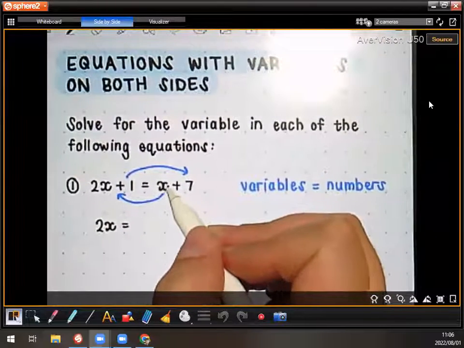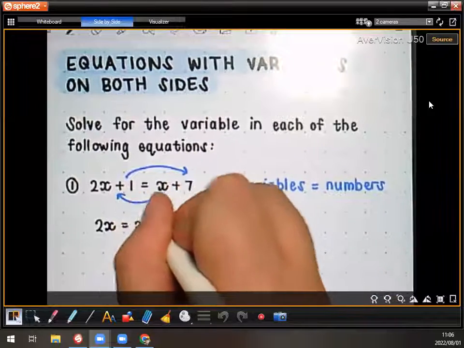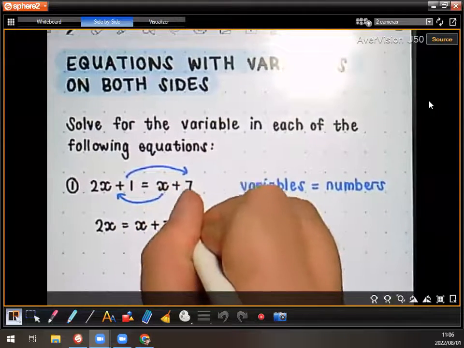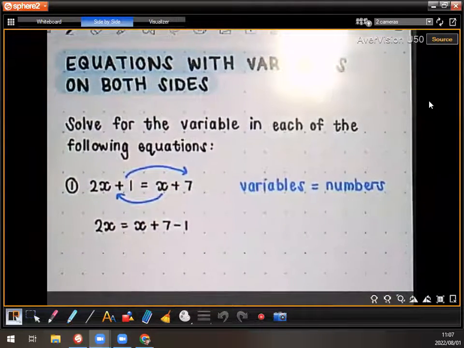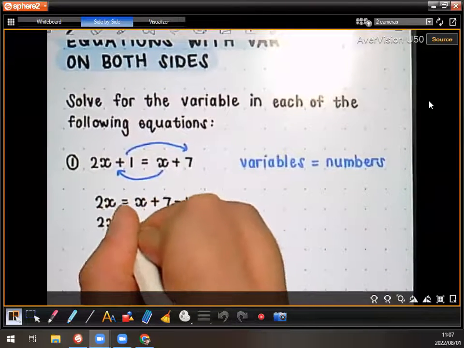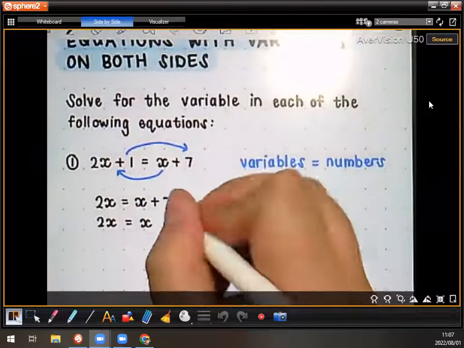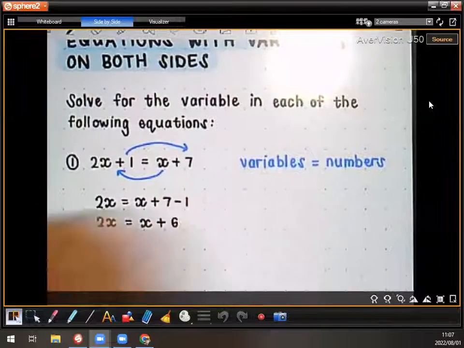I have an x on that side, so I can't leave it out just because I don't want it there. I do have to write it. I have an x and a plus 7, but now I must subtract 1. Okay, so now I have 2x equal to x. What is 7 minus 1? 6. So plus 6.